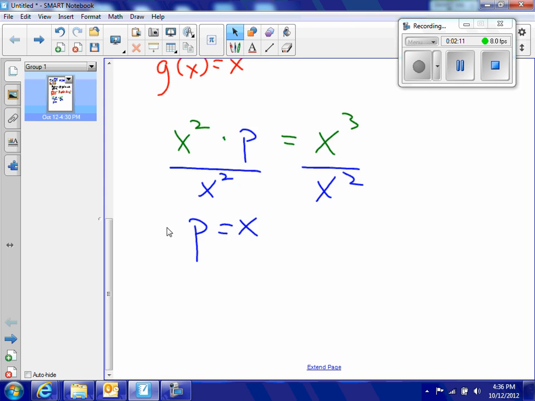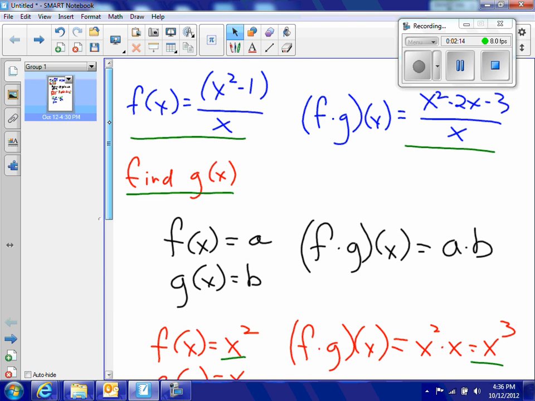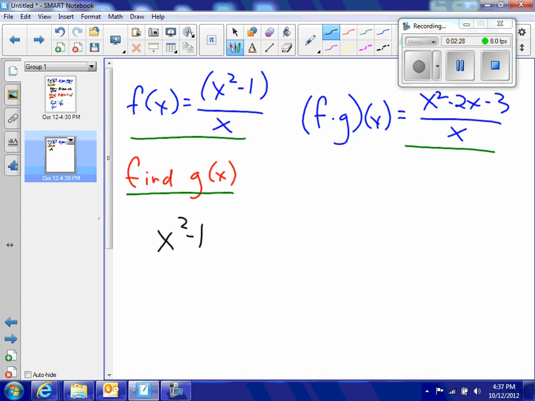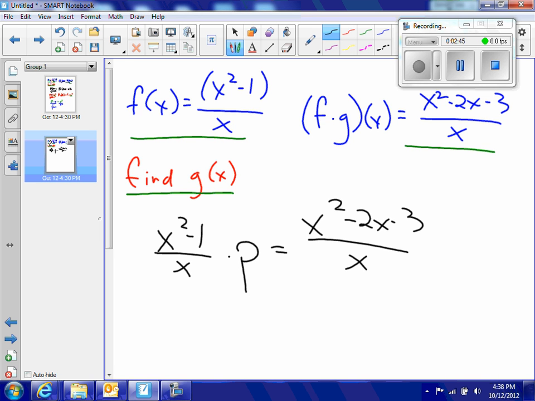Well, it's the same thing with our original f of x and f times g of x. It's just a little bit larger of an algebra problem. I have f of x, which is x squared minus 1 divided by x, and I'm multiplying it by p, which I'm using instead of g of x, and I know that that's going to be equal to x squared minus 2x minus 3 over x.